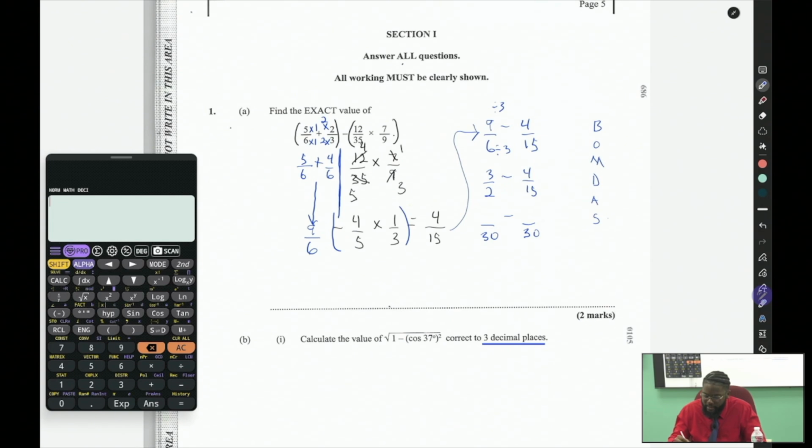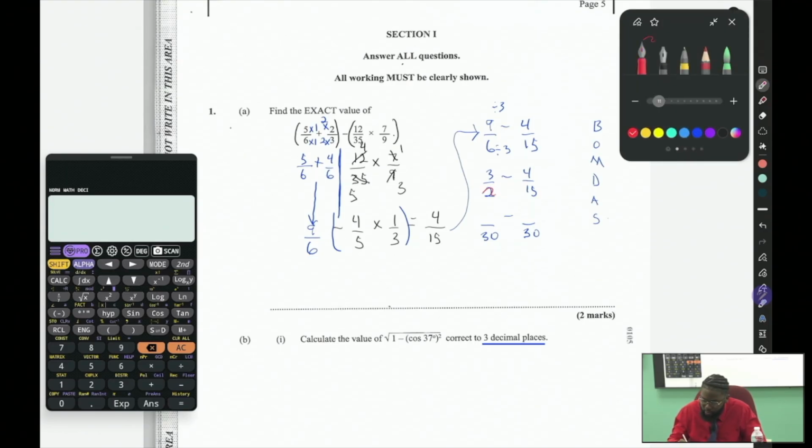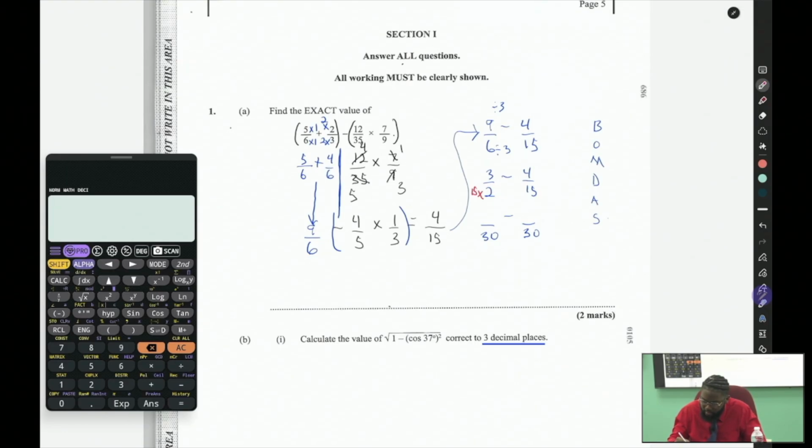So then, following the same concept that we did earlier on, whatever we do to the denominator, we do also to the numerator. So we multiply the 2 by 15, so we also multiply the 3 by 15. If you don't know your 15 times, don't worry, you should have your calculator. So you can simply multiply 3 times 15 to give us 45.